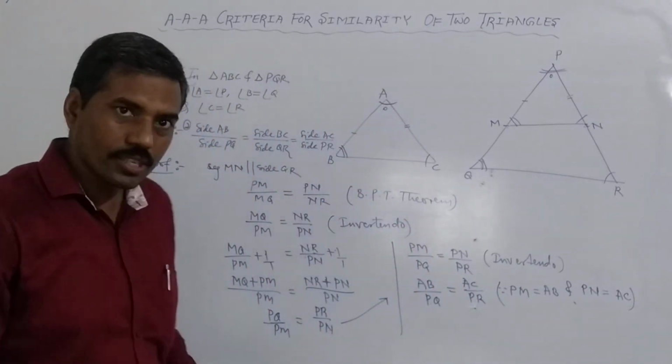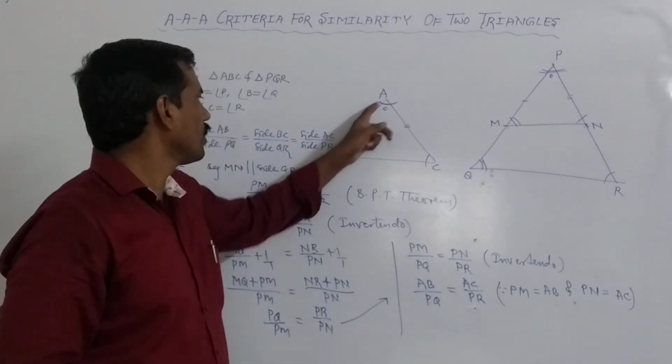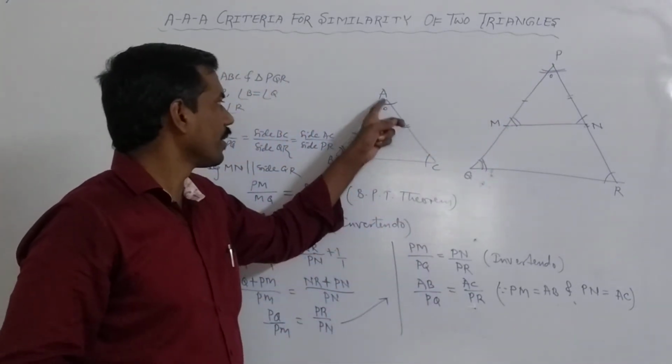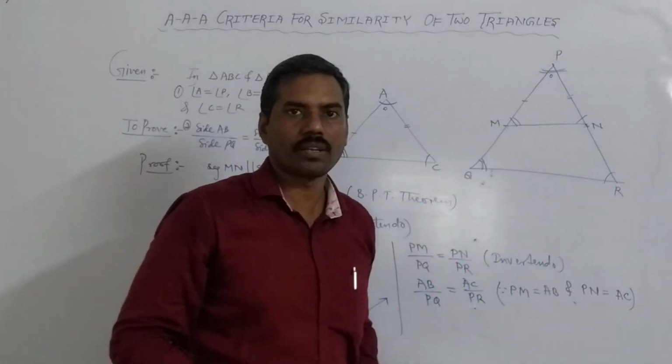So we can write AB upon PQ is equal to AC upon PR.